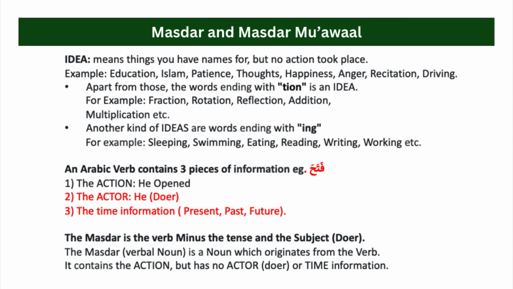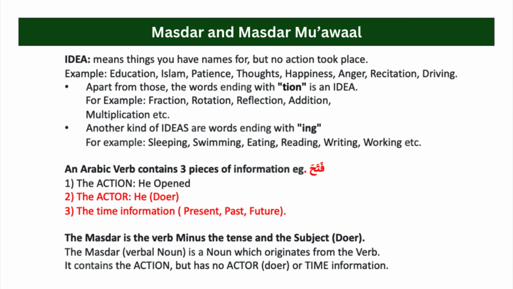Now let us go back to Arabic and understand the difference between a verb and a masdar. An Arabic verb normally contains three pieces of information. First, it contains the action, for example, he opened. Second, it contains the doer, meaning who performed the action.